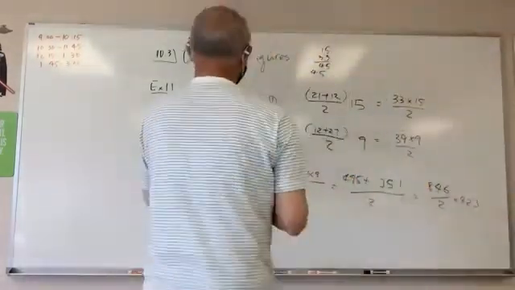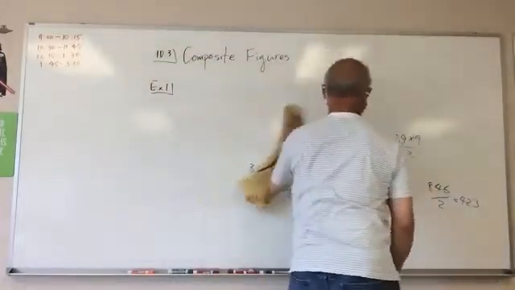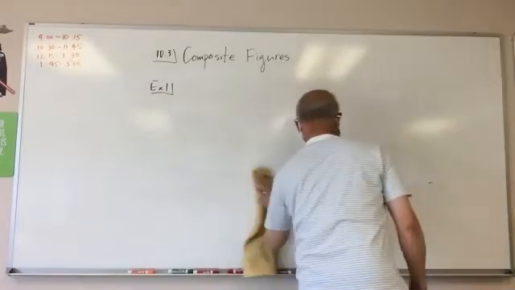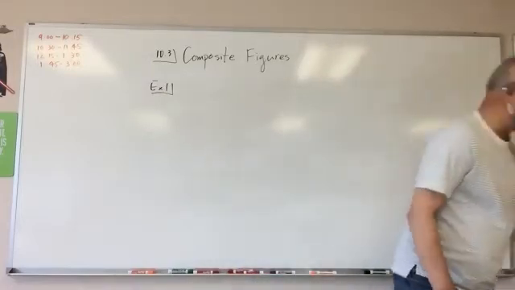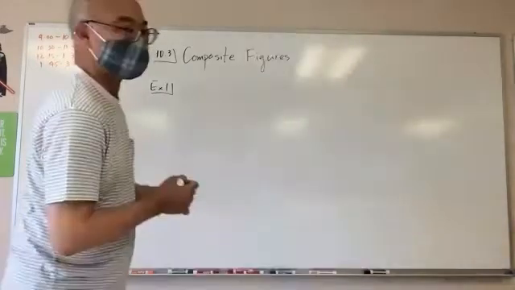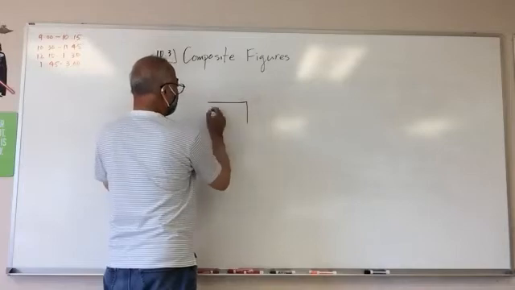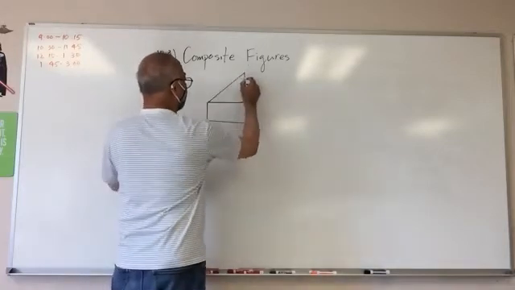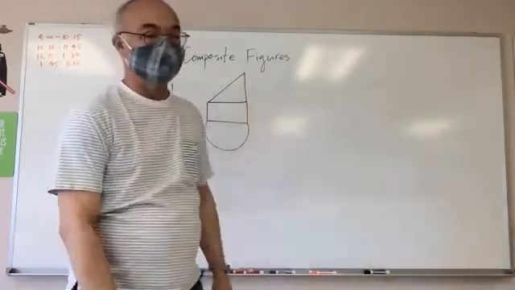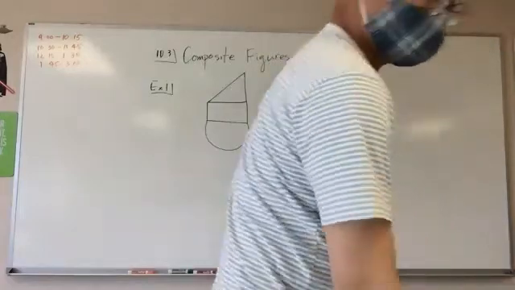Let's do B. I think that was a really good exercise to refresh our trapezoid equation. Now, this one we have it like this, and we have 3.